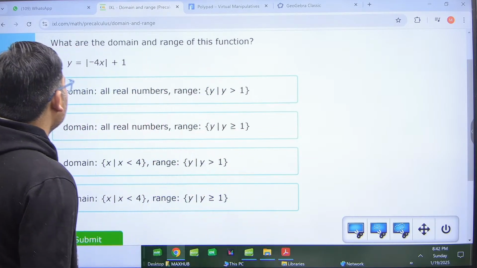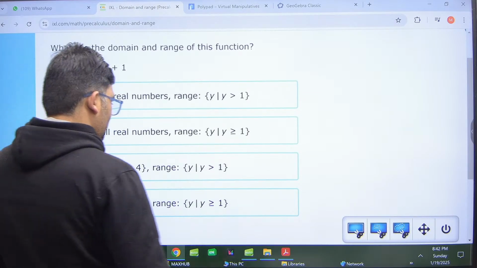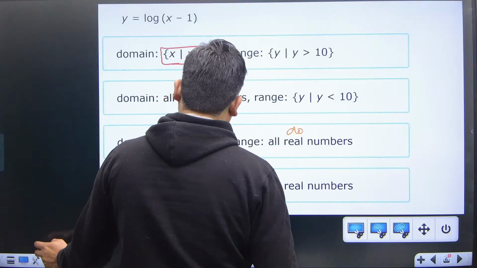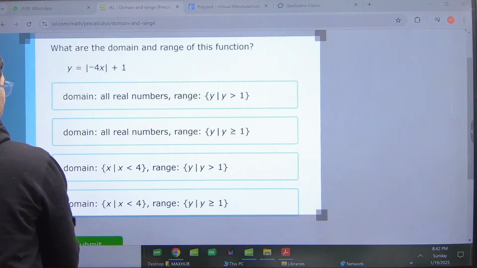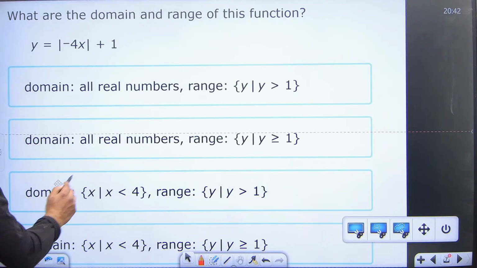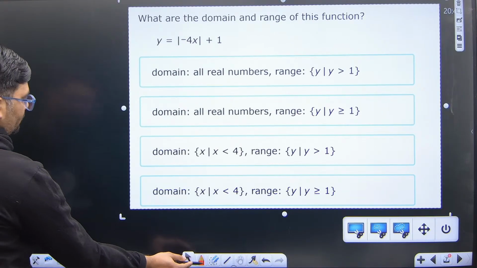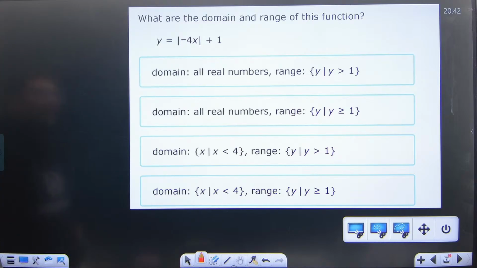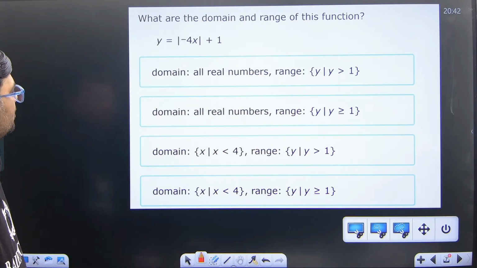Okay. Next question, beta. What are the domain and range of this function? So let us check it out. y is equal to modulus of minus 4x plus 1.